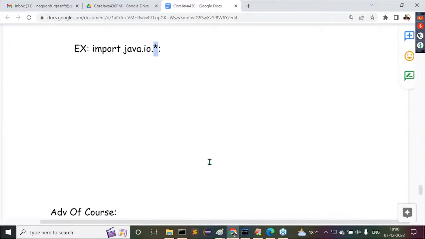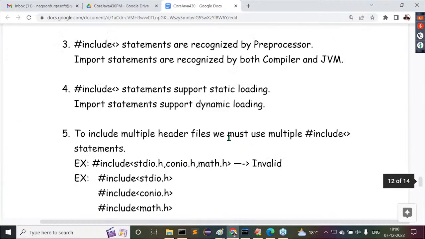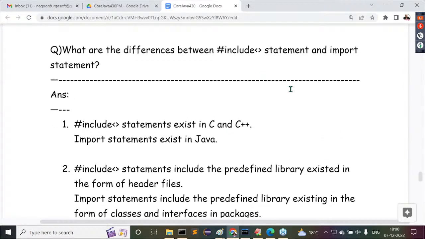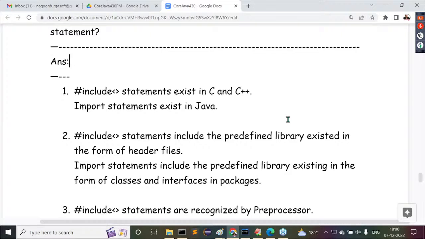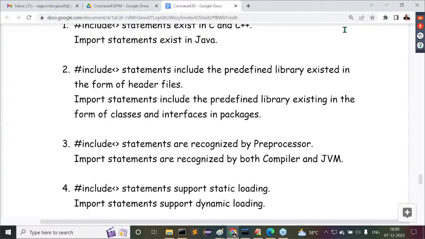Now, these are exactly the differences between hash include statement and import statement. Hash include statements exist in C and C++, but import statements exist in Java. Hash include statements include the predefined library existing in the form of header files. Import statements include the predefined library existing in the form of classes and interfaces in packages.